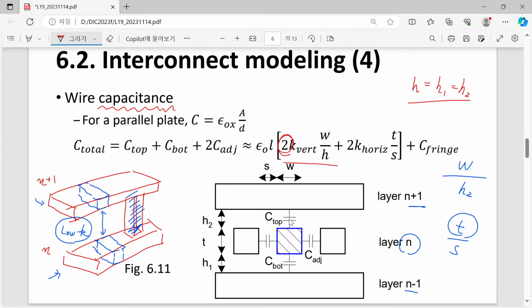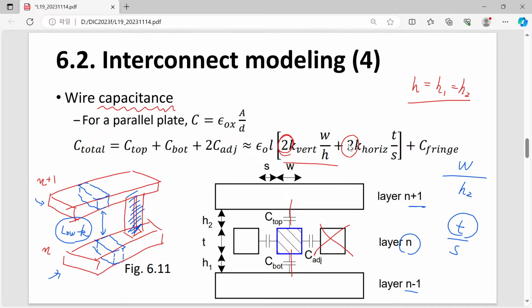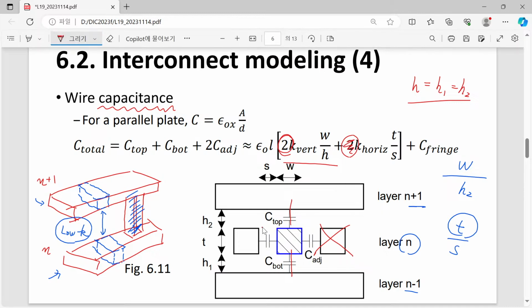Yes, it is because we have top and bottom. Why do we have two? Okay, because we have left and right. Of course, if we don't have this pattern, that's possible, then we will not have this number 2. And if we don't have this one, then we will not have this horizontal contribution any longer.